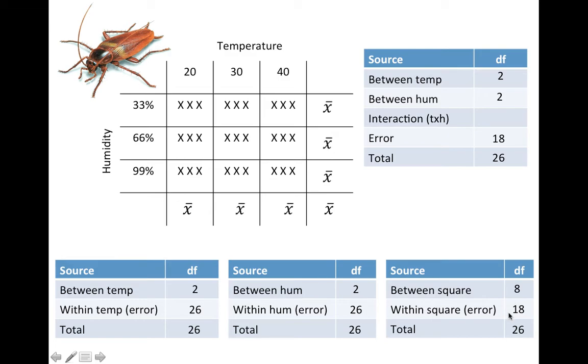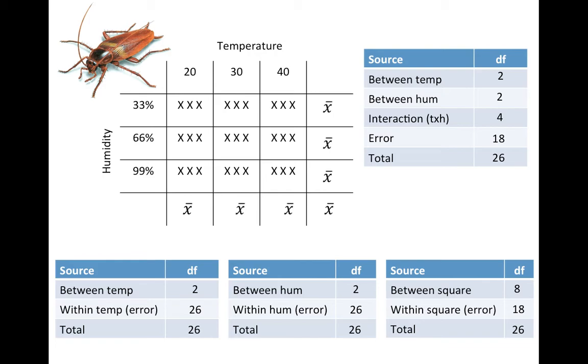In an ANOVA table, the degrees of freedom always have to sum up to the total, in this case to 26. So by simple subtraction, this gives us that the interaction will have 4 degrees of freedom. And this is also the same as the product of the variables, 2 times 2 is 4.